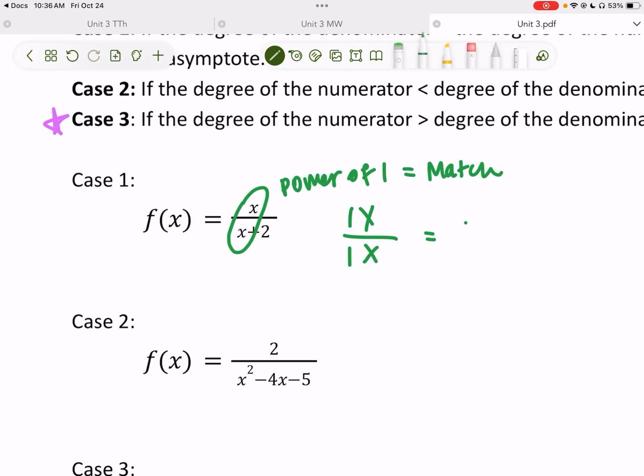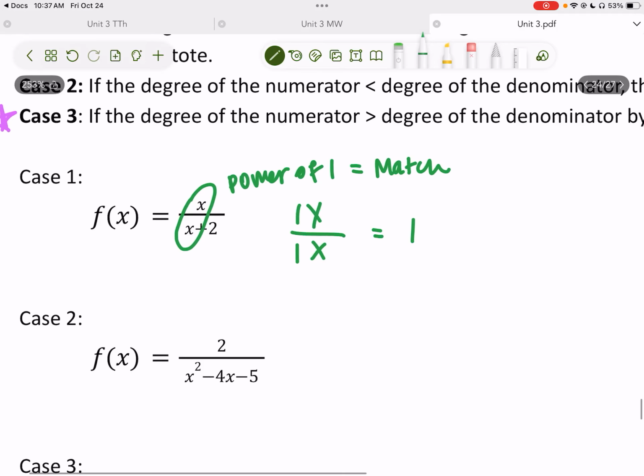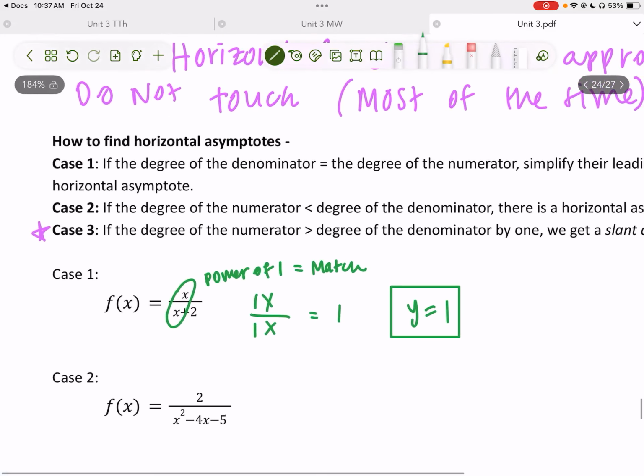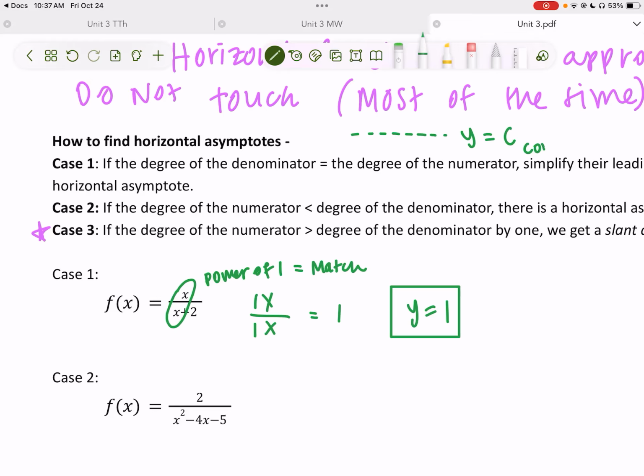There's technically ones in front of them. So this is going to have a horizontal asymptote at y equals 1, right? Horizontal means it's a dashed line left to right, which means it's going to be y equals c, where c is some constant. So that's why we're setting it equal to y.